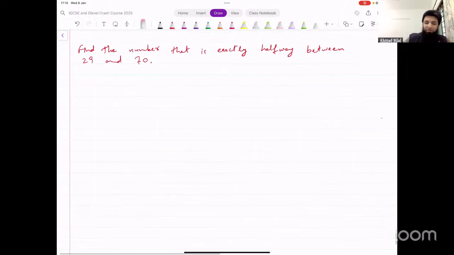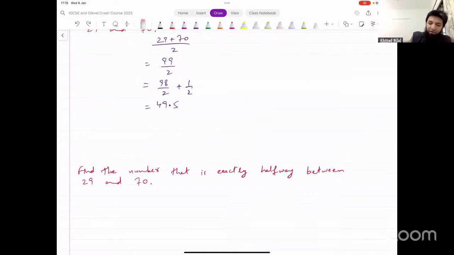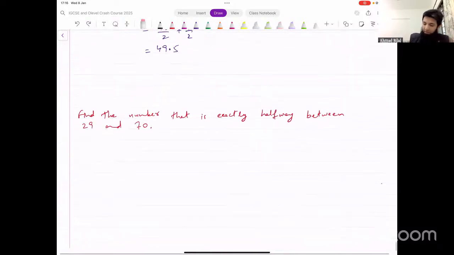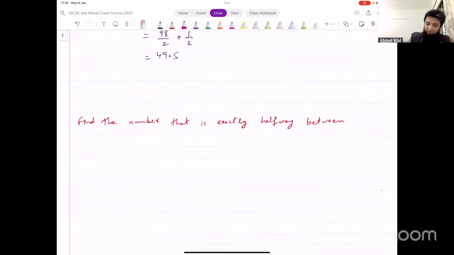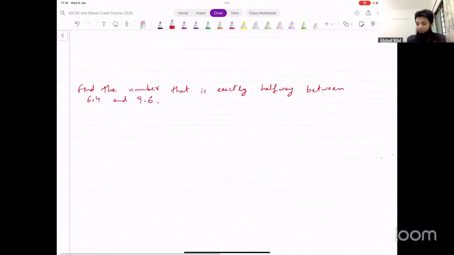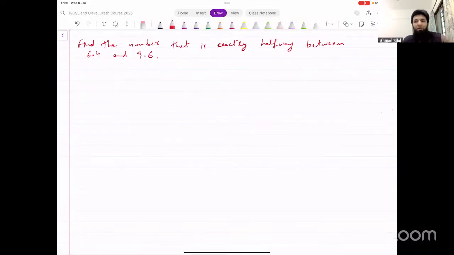For instance, they might say, find the number that is exactly between, let's say, 6.4 and 9.6 here. So you may be asked to do it for decimals like this as well. Now, the process remains the same. How do you find the number that is halfway between these two numbers?